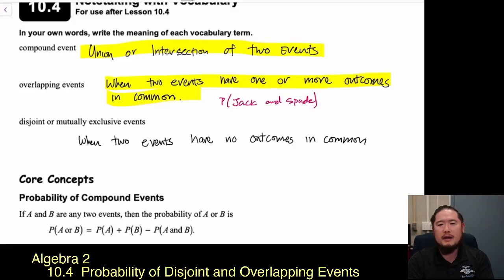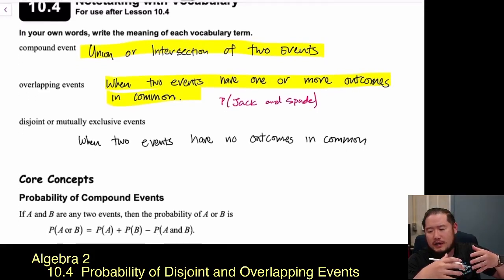Because if you think about it, remember we have four jacks in a deck of cards, but we also have several spades. We have 13 different spades. So there's an overlap because there is at least one, the jack of spades, in the whole amount of spades that are possible. So right there, that would represent the overlapping events.